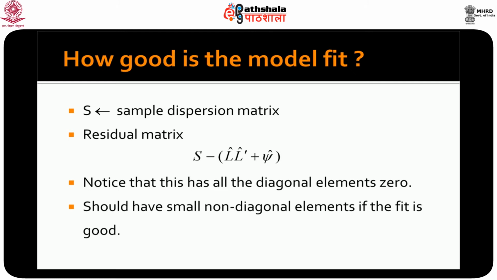So, what we do is we take S minus (L hat L hat prime plus psi hat), the estimated values. Remember, this would have the diagonal elements as 0, because from the remaining part we had taken the diagonal elements and put them into psi, and all the other elements would be small but non-zero in most cases.